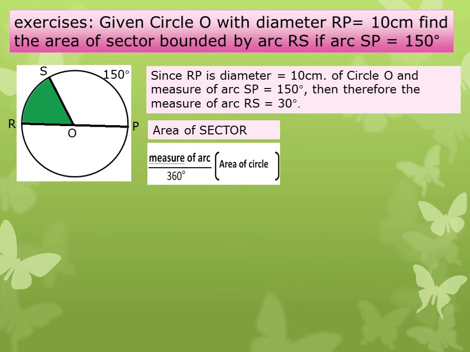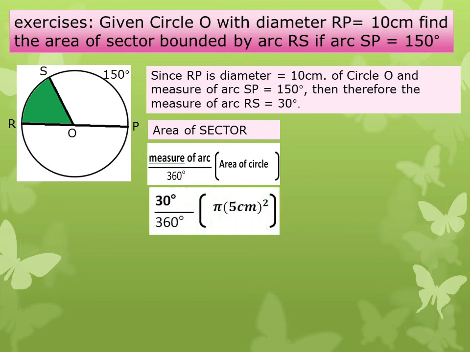So if SP is 150, RS is 30 degrees because RP is a diameter. So the diameter divides the circle into two semicircles, or congruent arcs, congruent parts. So let's substitute now. So our radius now is equal to 5 centimeters.